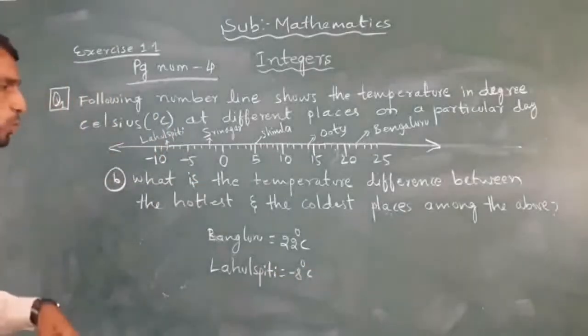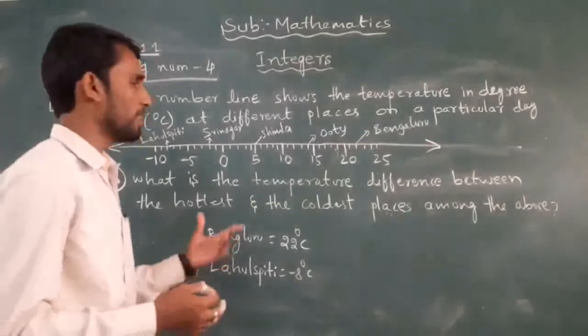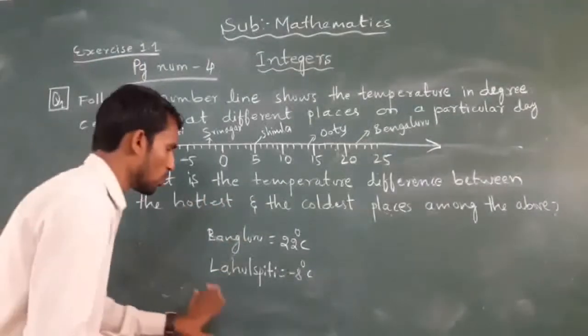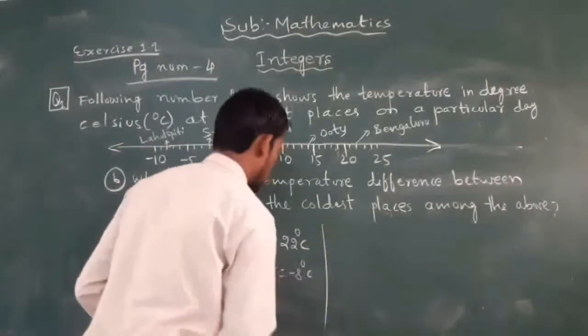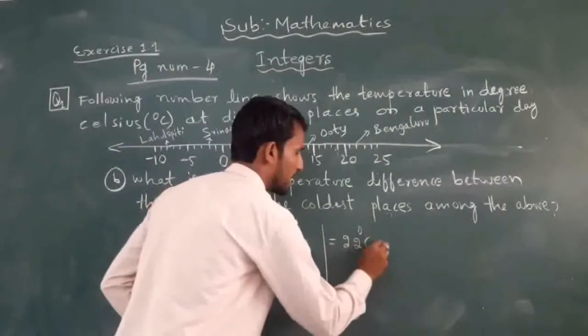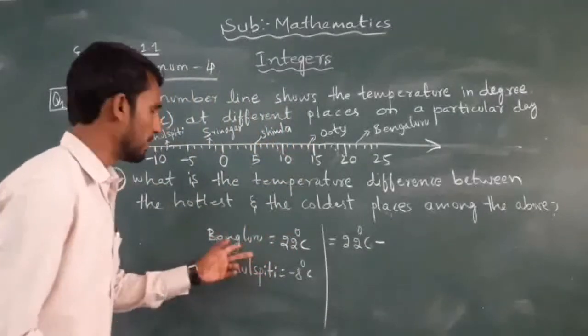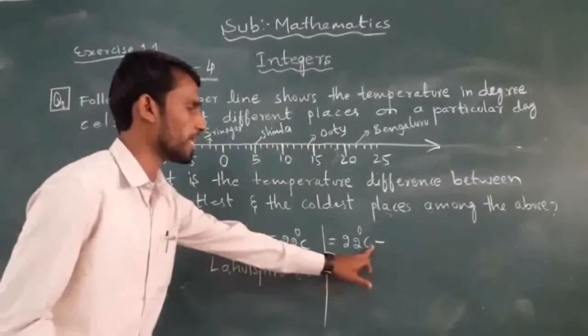We have to find out the difference between these two places. To find out the difference in these two places, see here, 22 degrees Celsius minus, to find out the difference between the temperature in these two cities, we have to take the negative sign.